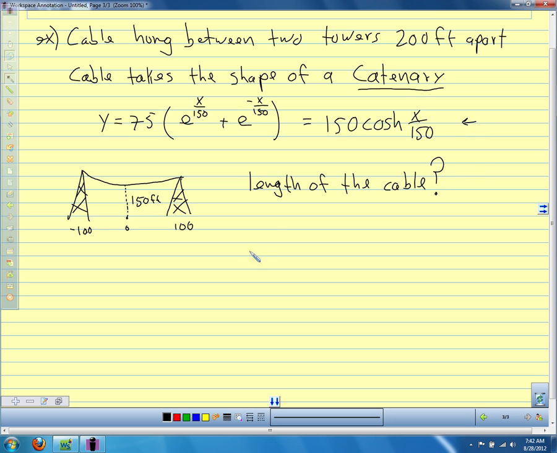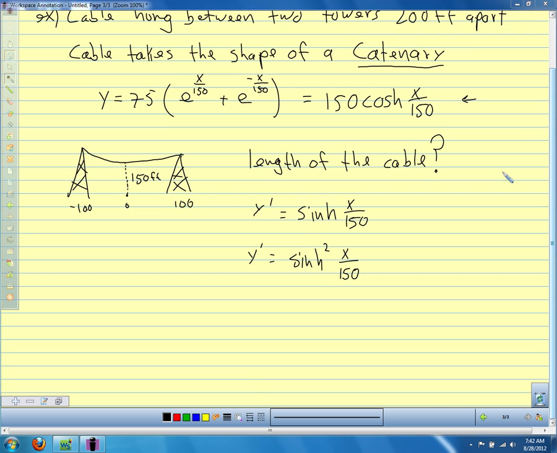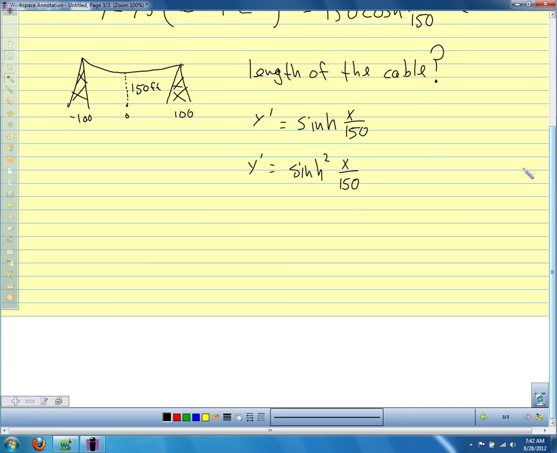So what's y prime going to be that we're going to need to plug into our arc length formula? We get sinh of x over 150, and y prime squared is just sinh squared of x over 150. So it turns out that we end up with a nice integral here.